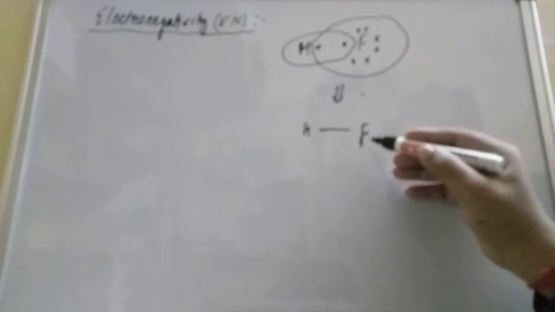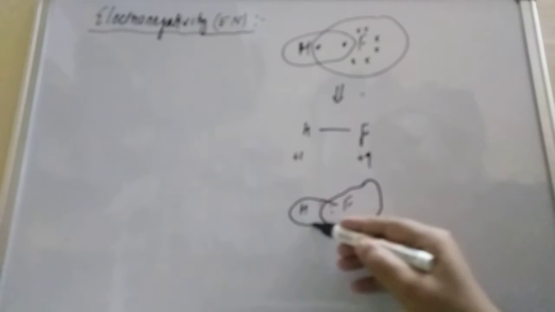Now, second thing, student, when you see this, fluorine has a high nuclear charge, plus 9 protons, while hydrogen has a nuclear charge of plus 1.